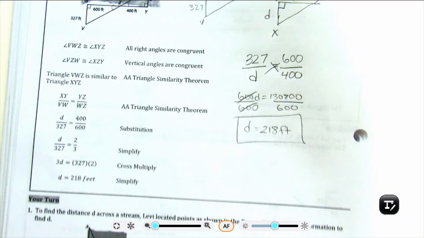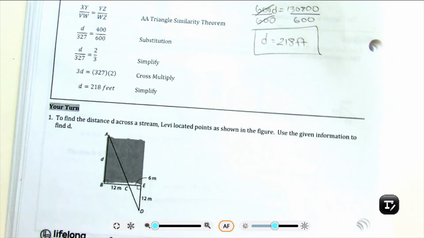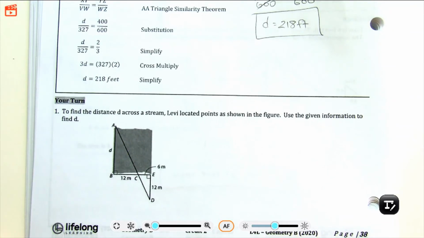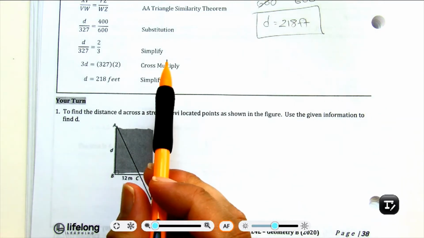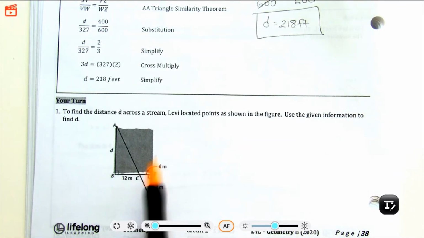Okay, and then the last problem that we're going to be doing is just an example of the one we just did. We have the same kind of figure, but then the question is, how do we create that proportion? What side goes with what side?